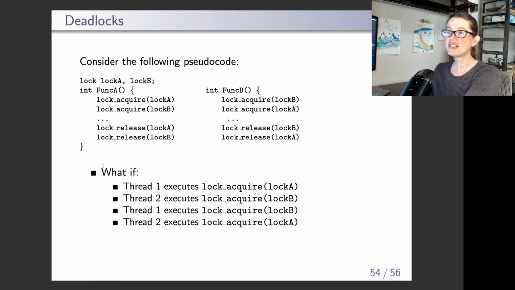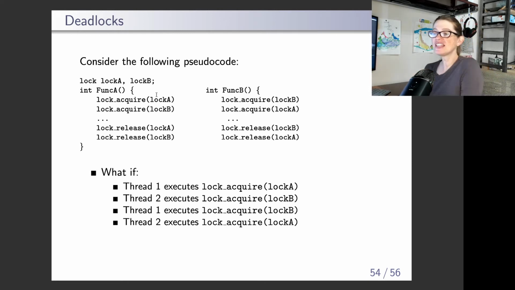If you look at this piece of code we have here on the screen, you've got two locks and two functions. Both of these functions want to acquire both of these locks in order to do their work for whatever reason. It doesn't matter what the reason is. So function A requires lock A, and function A is also going to require lock B. And similarly, function B will require lock B, and then function B will require lock A. But here's where the problem comes in.